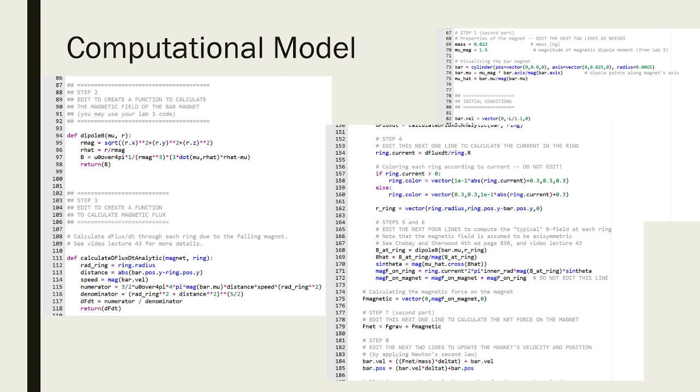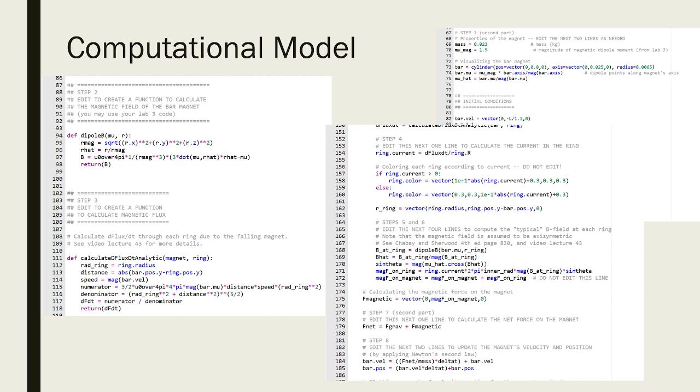With the current and B field, we can calculate the magnetic force on the ring and also the magnetic force on the magnet, which are steps 5 and 6. Then we add the gravitational force and magnetic force. This is the net force, which is step 7.